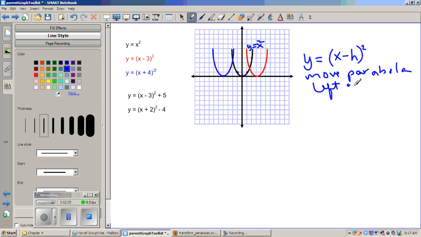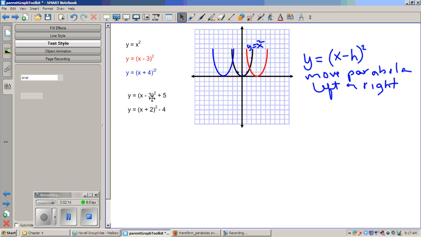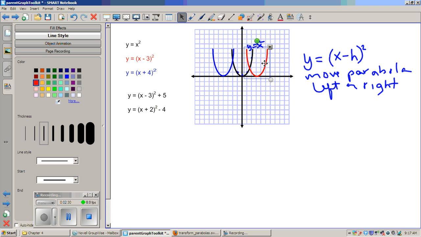And then we started taking a look at what happens if we add or subtract something outside of that x minus whatever squared. So in this case, if we graphed y equals x minus 3 squared plus 5 on our calculator, we'd be over at this y equals x minus 3, but then the plus 5 moved that parabola up 5.